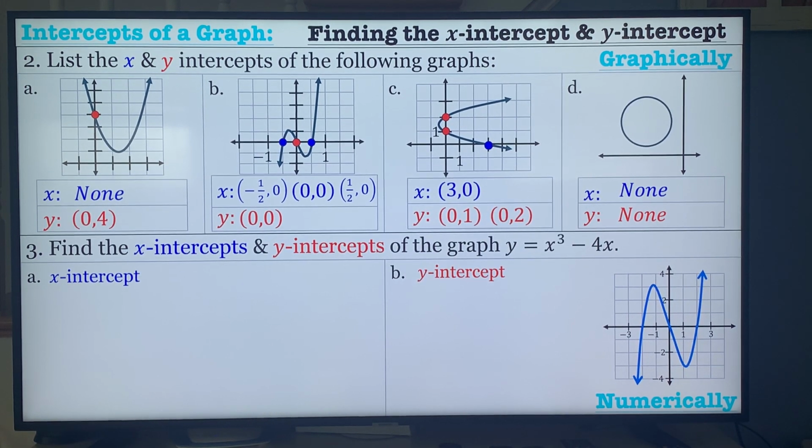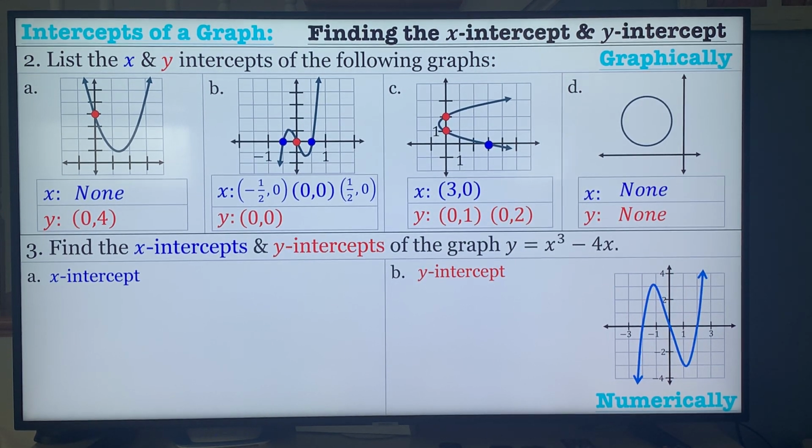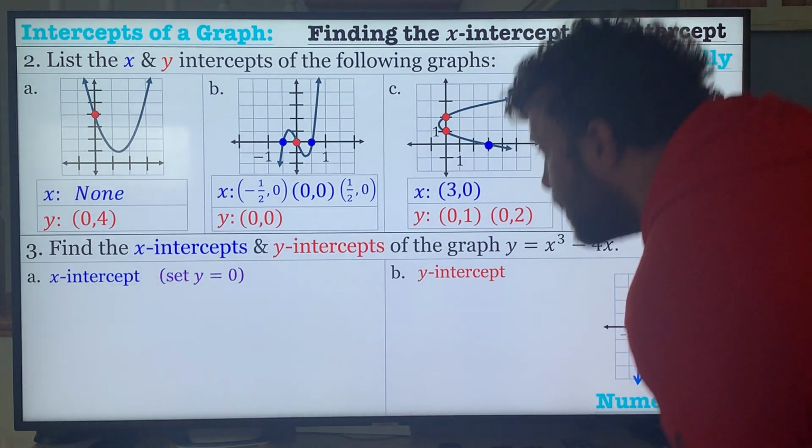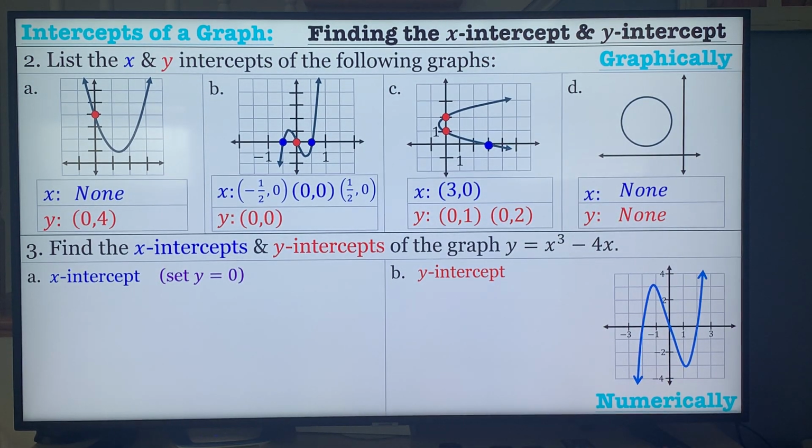So the way this works is fairly simple. What you're going to do is set y equal to 0 to find the x-intercept. Now when you set y equal to 0, it's actually very simple. Wherever you see a y, you make it 0. So 0 equals x cubed minus 4x.